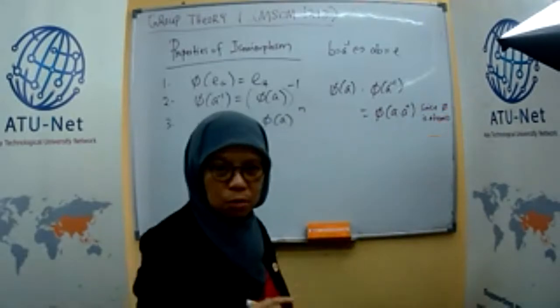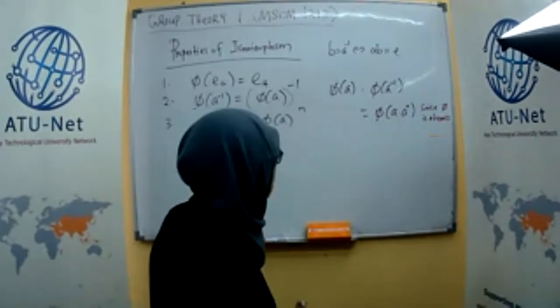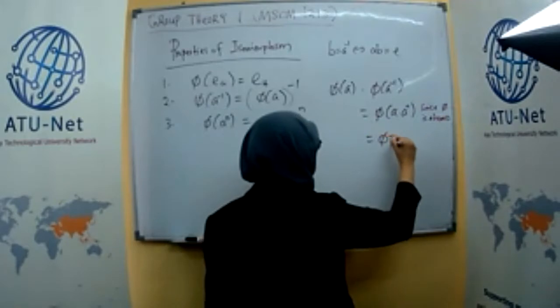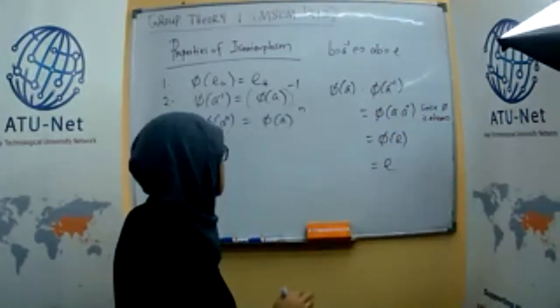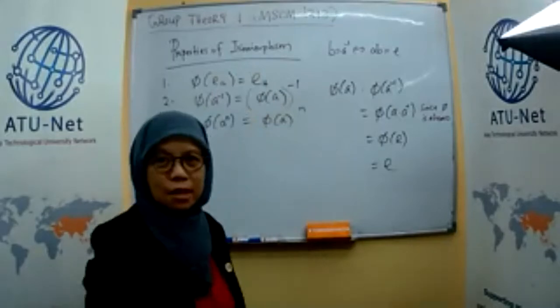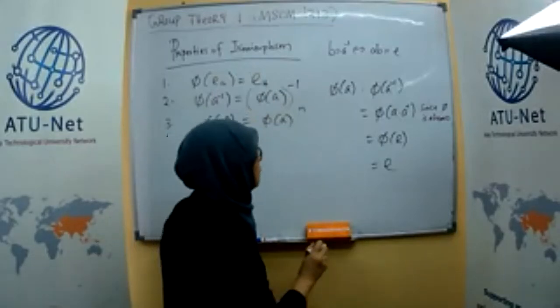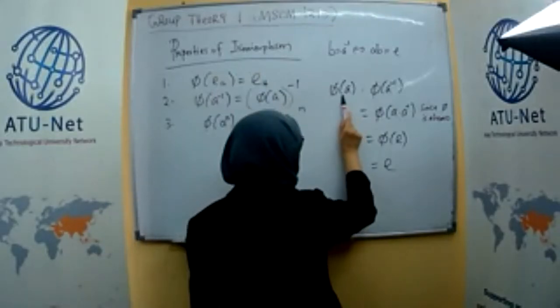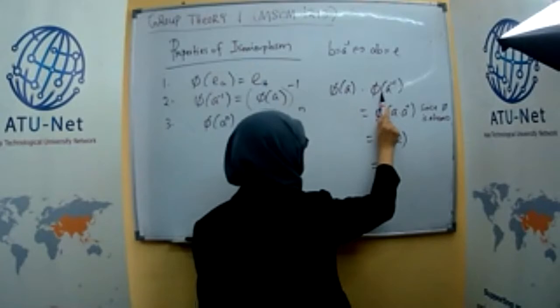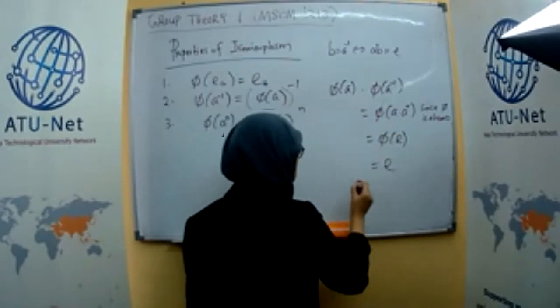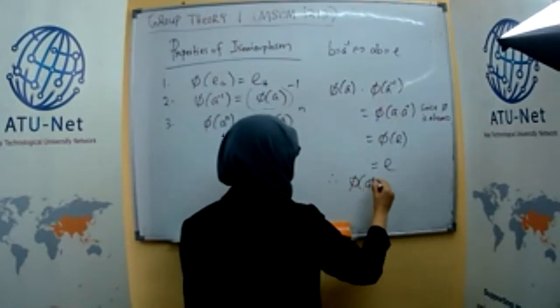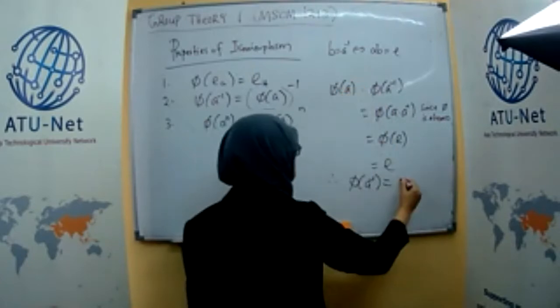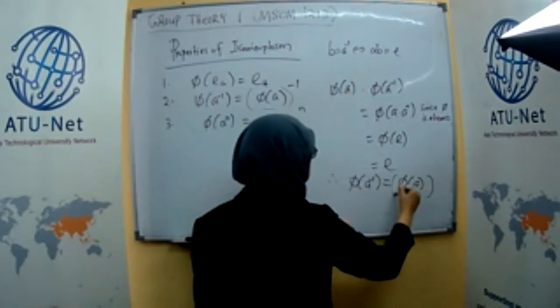It's phi of E, which is equal to E from here. Okay, phi of E is E. What does it mean? When you multiply A with B it is equal to E, so this is this inverse.